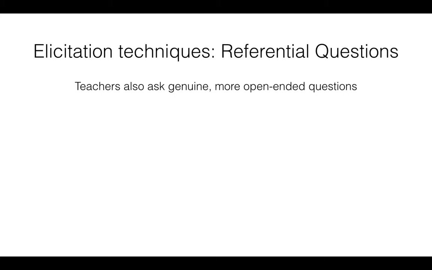And of course, when you are asking students about their opinions, you don't know the answer. But as a teacher, concerning knowledge and information, you should know. So with referential questions, this is the difference: you are asking for more detailed answers.